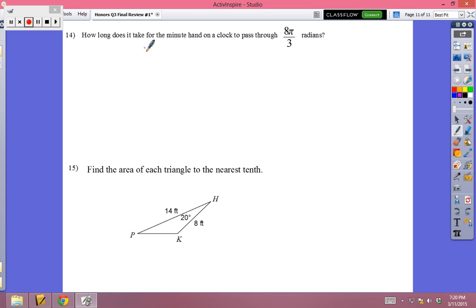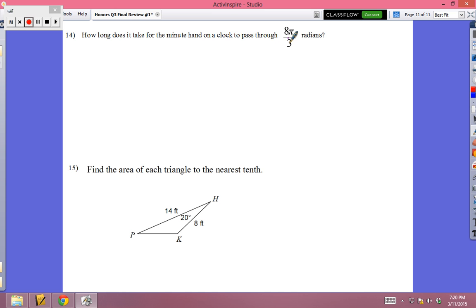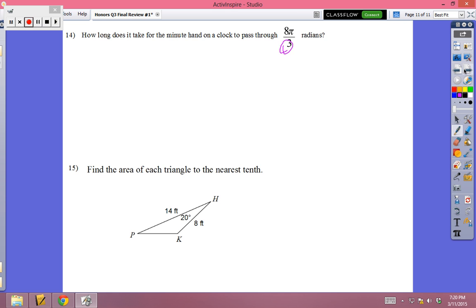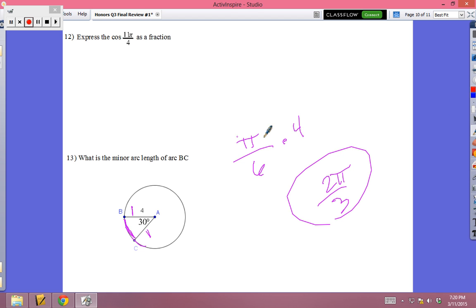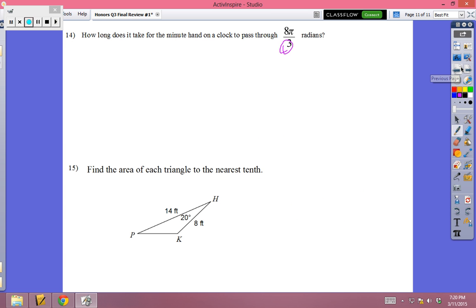Okay, how long does it take for the minute hand to pass through 8 pi over 3 radians? Okay, 8 pi over 3. So, I wonder if I messed that up. I think I did get it right. 30 degrees is pi over 6 radians, right? Okay, I think that's good. Now, the 8 pi over 3.